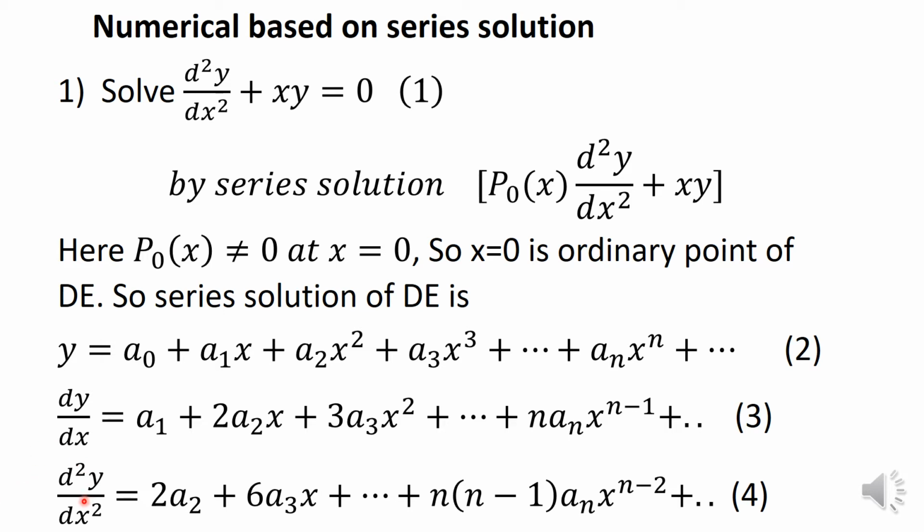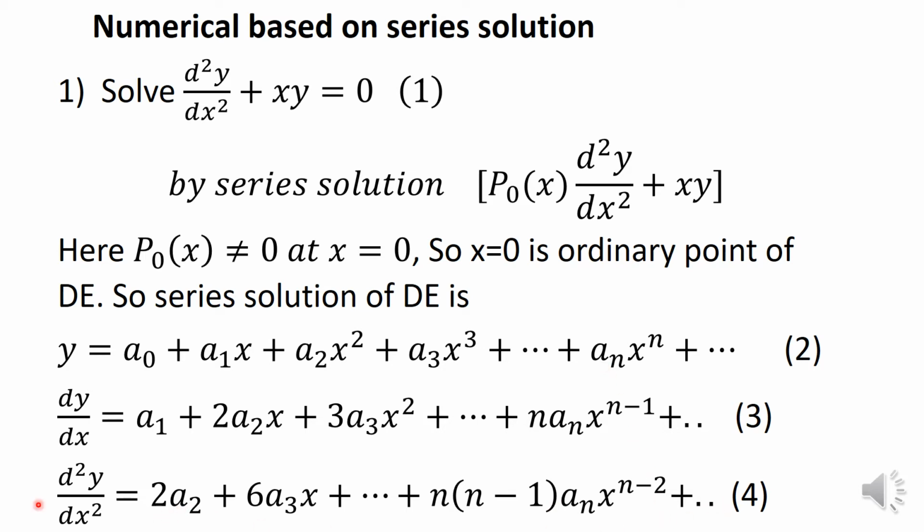Now further, if we differentiate again, d²y/dx² = 2a2 + 6a3x + ... + n(n-1)an·xⁿ⁻² and so on.